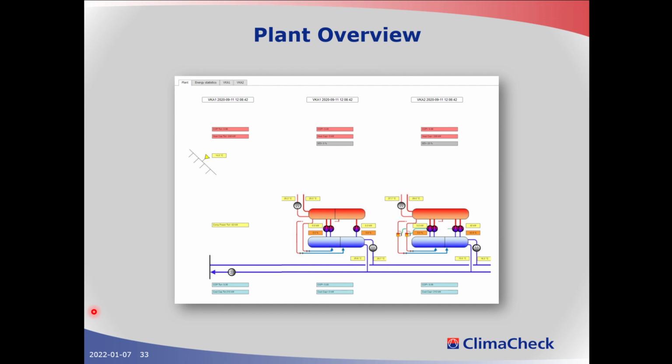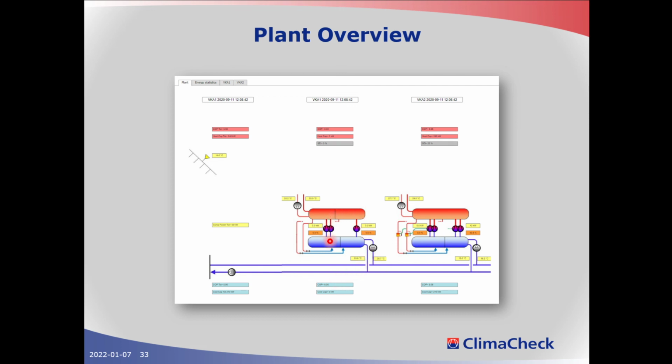Okay, so far we only looked at a single circuit process. Of course, when you have fixed installs, it's very often that you have more than one system, more than one circuit in the same plant, in the same location. Then we work with plant overviews.